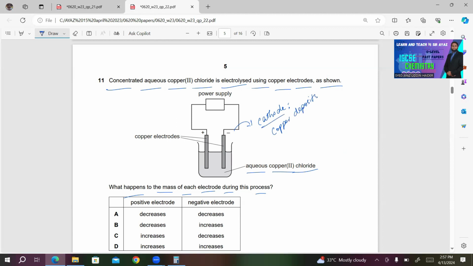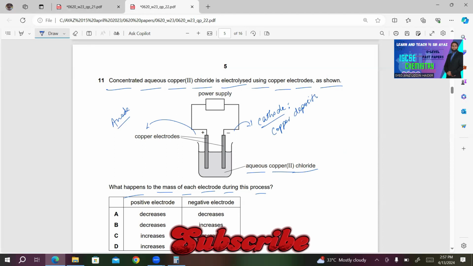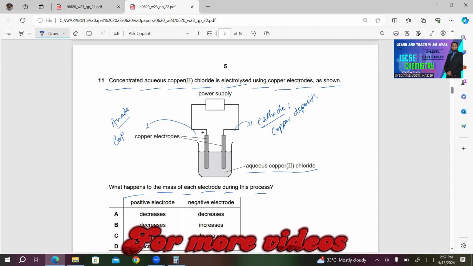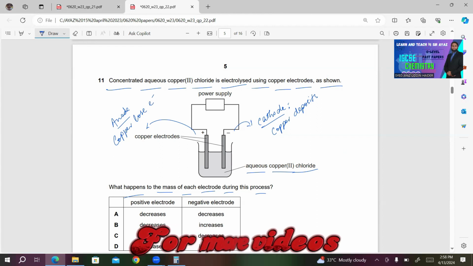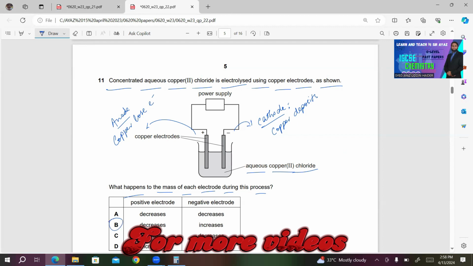What will happen at anode? At anode, copper loses electrons. So there must be an increase in mass at the negative electrode and a decrease in mass at the positive electrode. So B must be the right answer for this question.